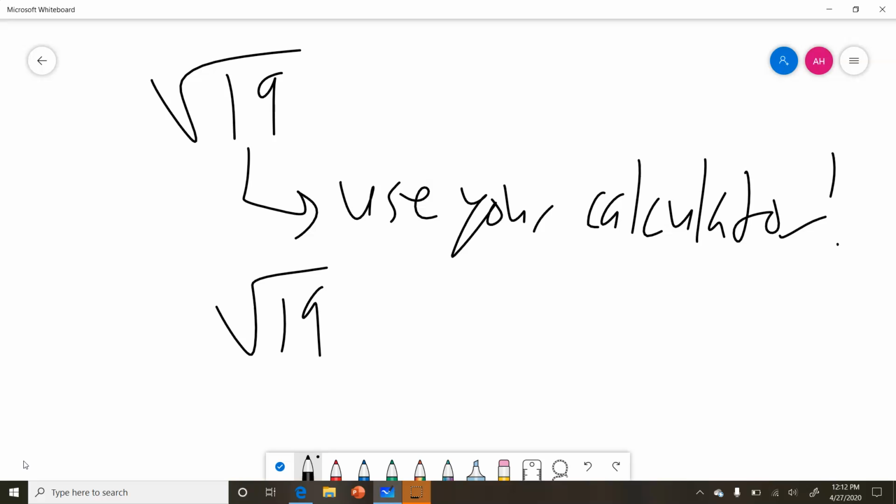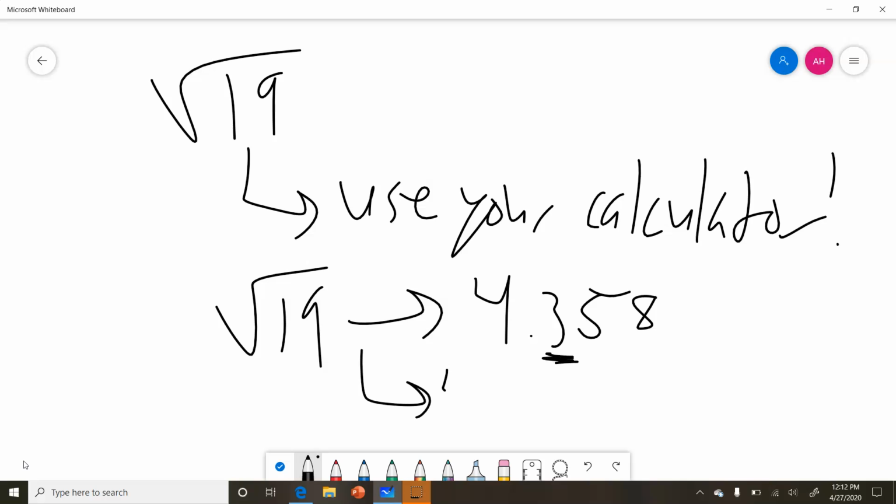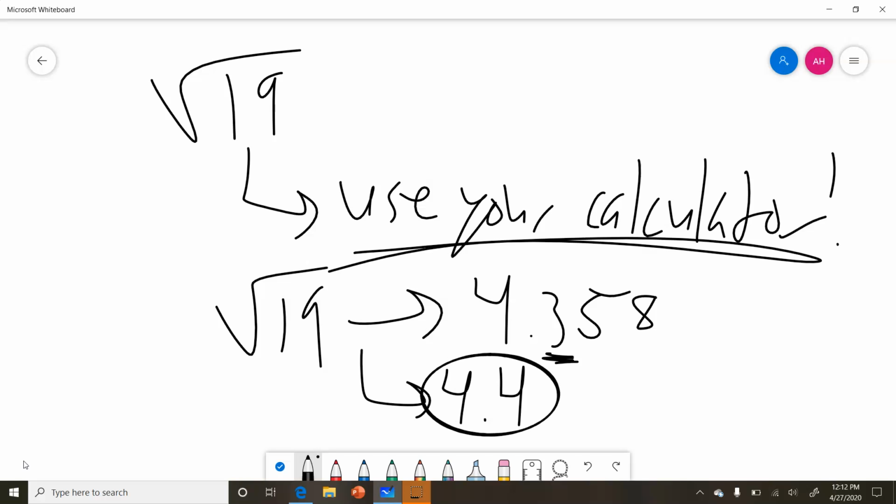If you type this into your calculator and it says go to the nearest tenth, it was 4.358. So the nearest tenth is this one, which means the answer is 4.4. Okay? So you can use your calculator. Yay for technology. No need to guess about how to get to the nearest tenth. We have calculators, and that is phenomenal.